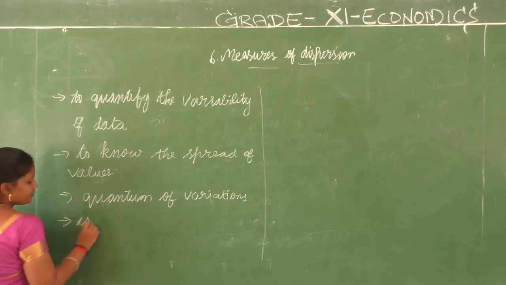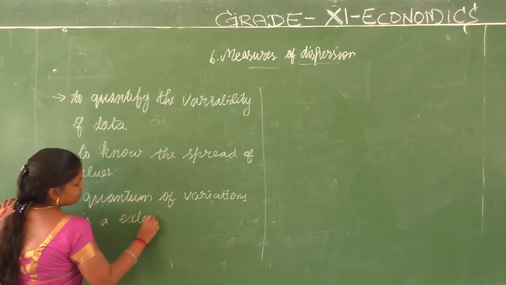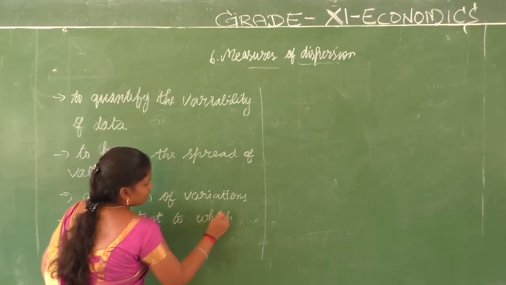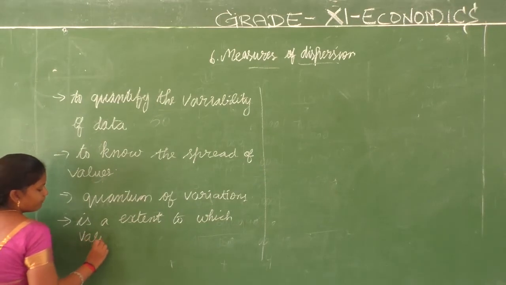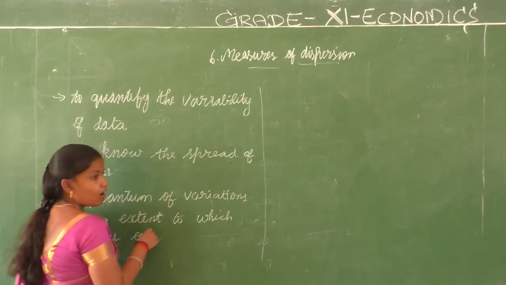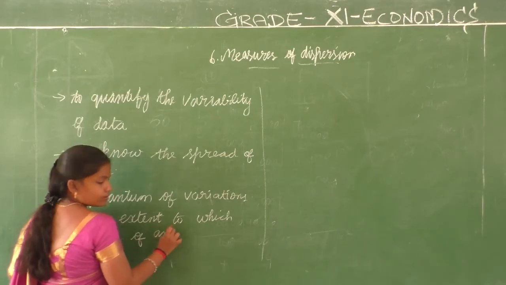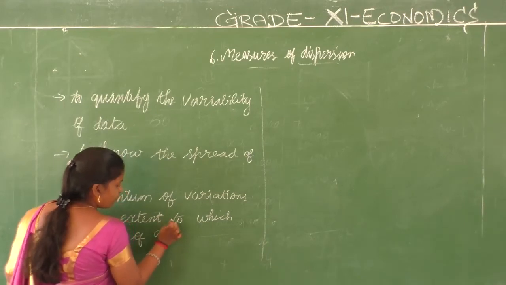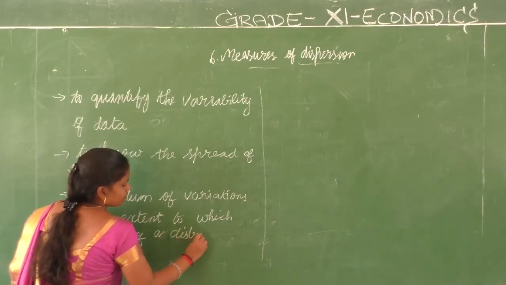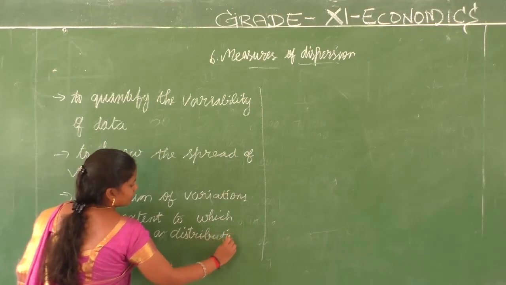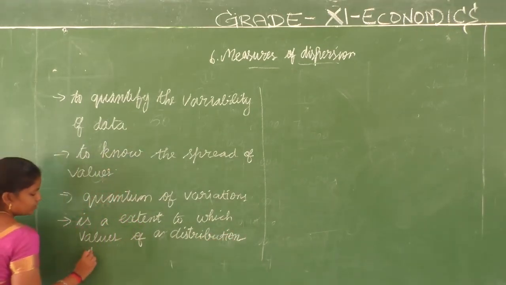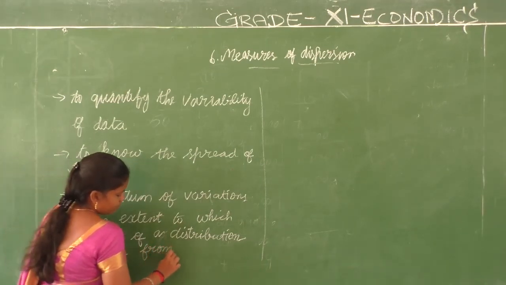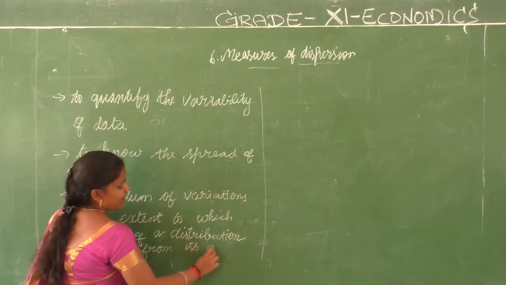It is the extent to which values of a set of observations, or values of a distribution, differ from its average.